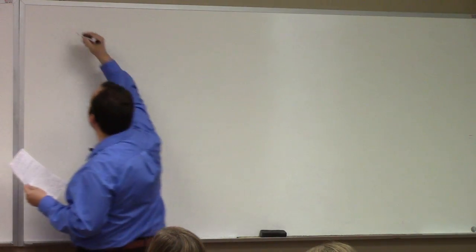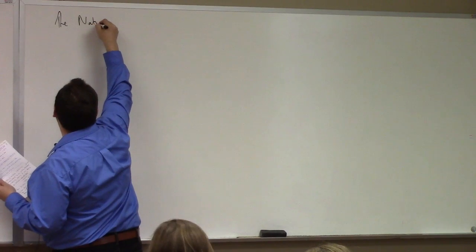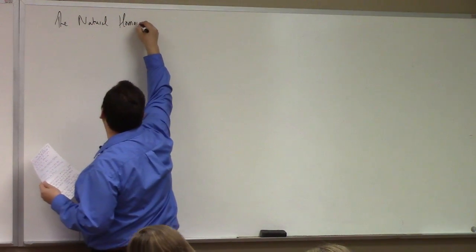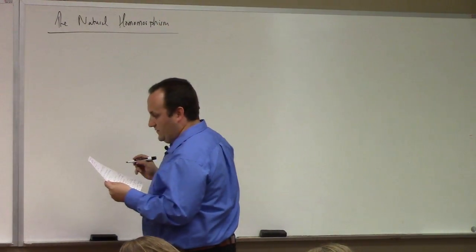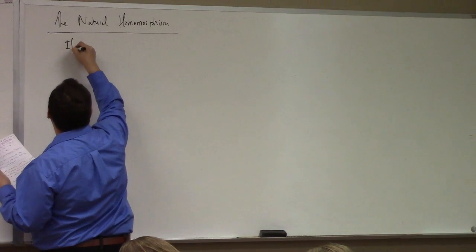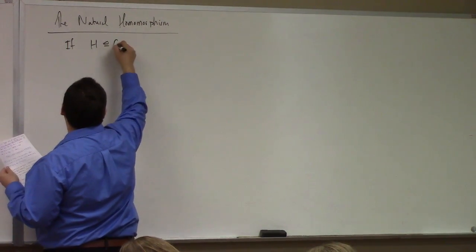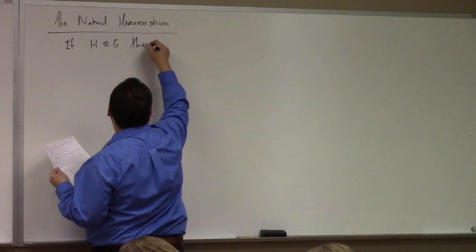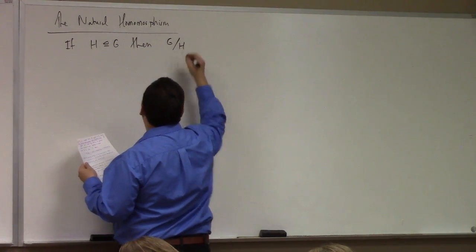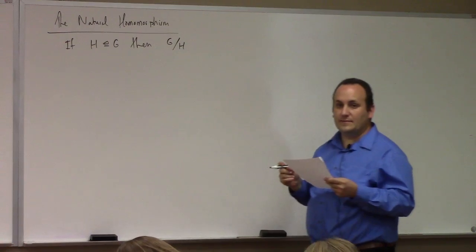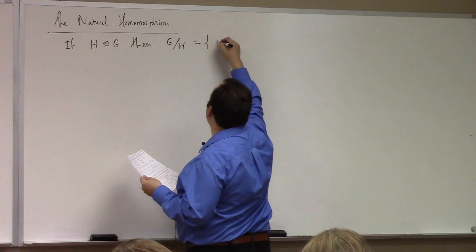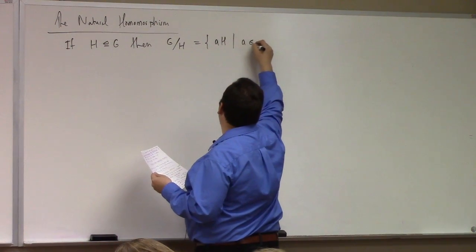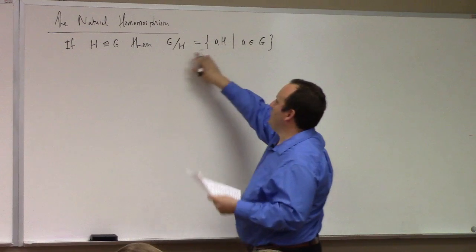Okay, so the natural homomorphism. If H is a normal subgroup of G, then as we talked about last time, we can form the factor group G mod H, the set of cosets of H in G. How do we multiply things in here?